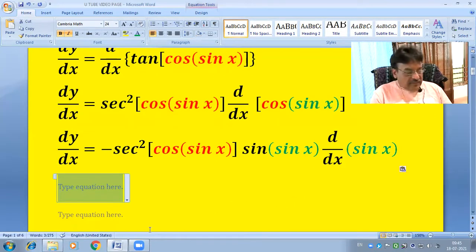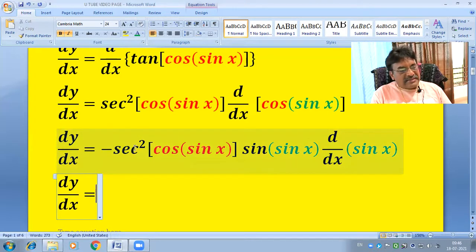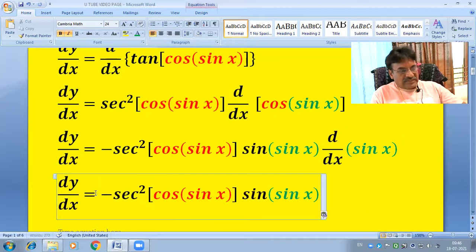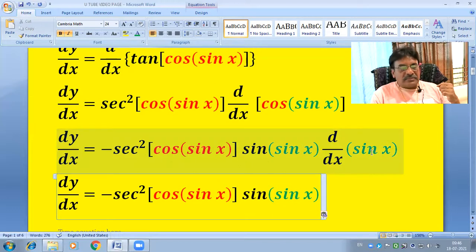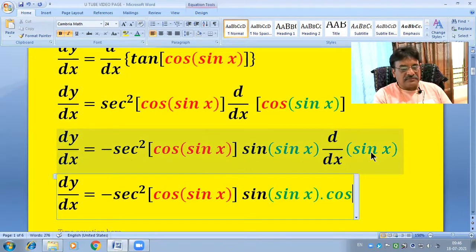Therefore, dy by dx, LHS as it is, equals minus sec square cos of sin x into sin of sin x, as it is, into d/dx of sin x. We know the standard formula: d/dx of sin x is cos x.